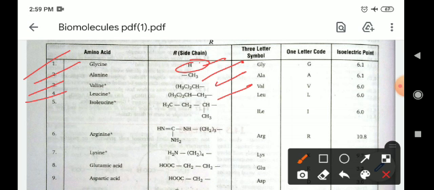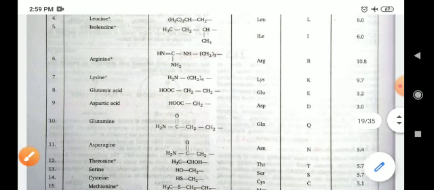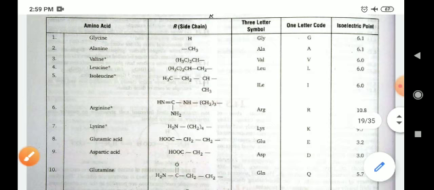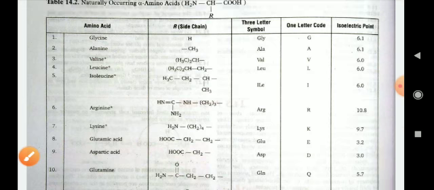According to the side chain R, different types of amino acids are generated, and there is a 3-letter symbol for each amino acid. For glycine, GLY is written. For alanine, ALA, and for valine, VAL. So this is the 3-letter representation of amino acids.